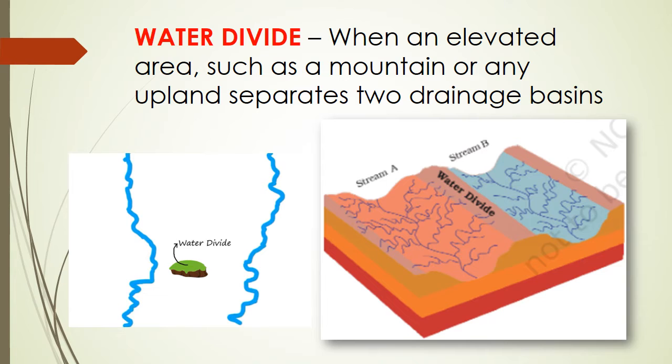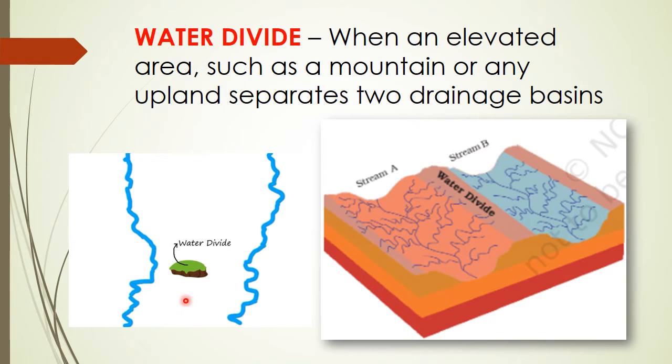Now let us understand what is water divide. The name itself suggests dividing two waters separately. Whenever there is an elevated area or a hill or a mountain or anything that is elevated, it separates two drainage basins. Because there is a mountain here, this stream will flow this way and the other stream will flow the other way.